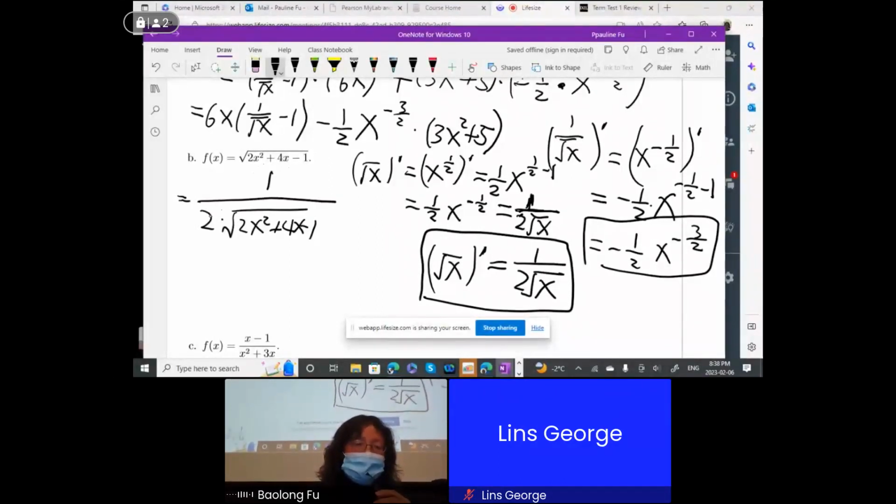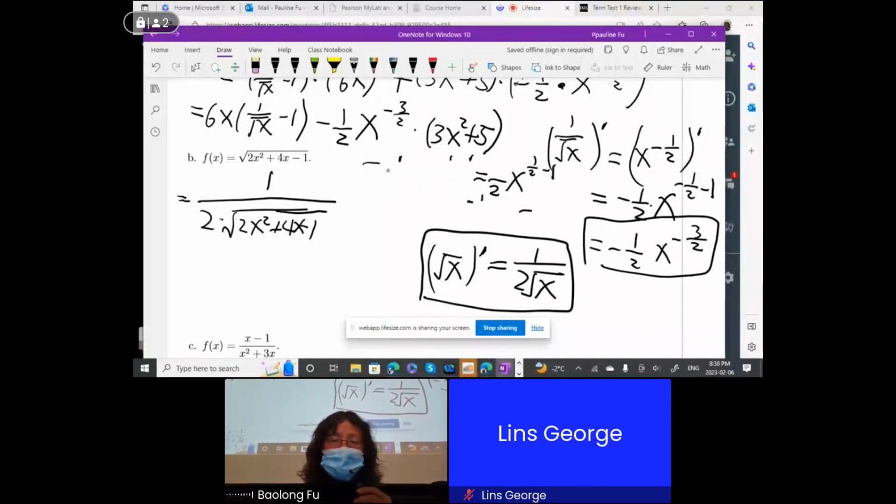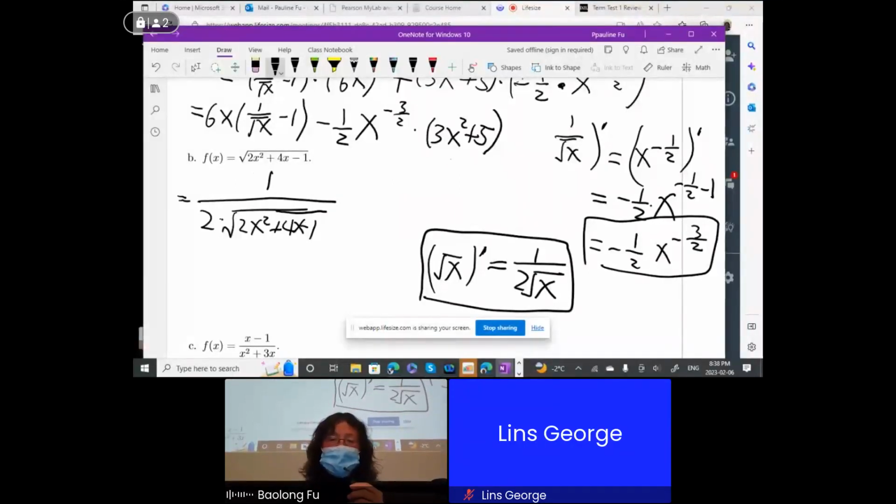It is 1 over 2 times the original function's square root. Right? And then the chain rule. I need this part. Erase this one, because this is just side work. The chain rule says you have to take the derivative of this guy. That is your step 1. Apply the derivative of square root of x, then apply the chain rule.